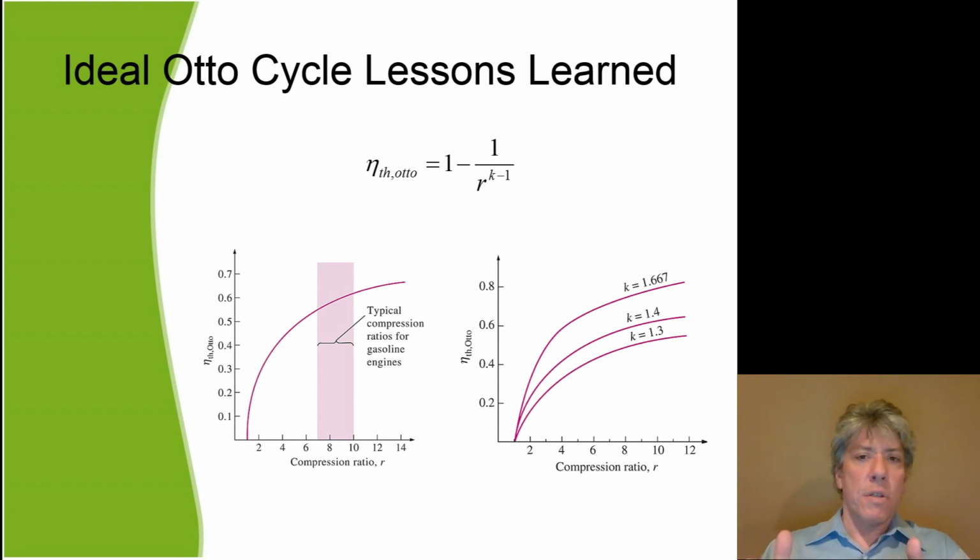If this is the efficiency, well then we could plot the efficiency as a function of the compression ratio R. And that's what the first graph does. Notice that the efficiency goes up as the compression ratio goes up. And typically, spark ignition engines have compression ratios in the range of 7 to about 10, although they are going a little higher than that these days, because if you don't squirt the fuel in from the very beginning, it doesn't begin burning.